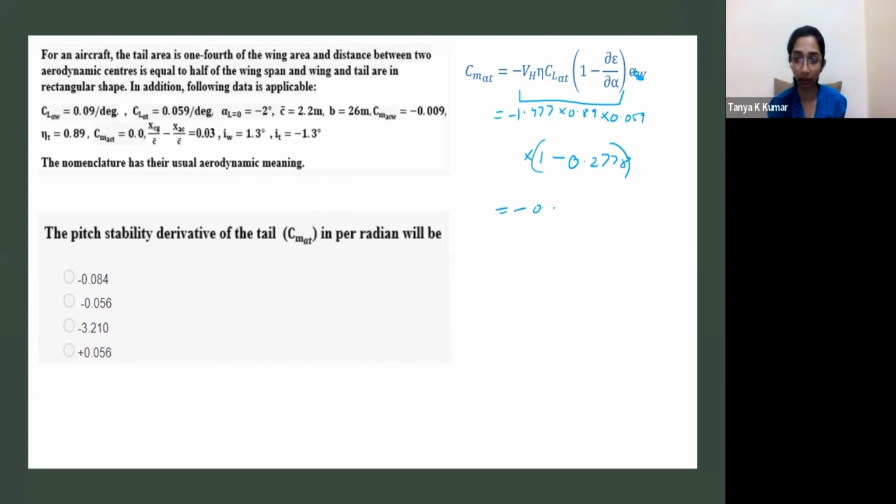So it gives you minus 0.00056 per degree. And that would be into 0.321. So you multiply 57.3 to it to get it in per radian. And you get, how much was the value? Minus 3.21 per radian. Okay, so that is the correct value here.